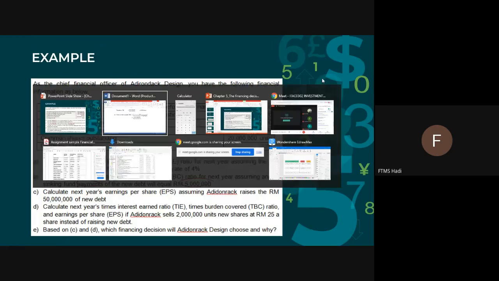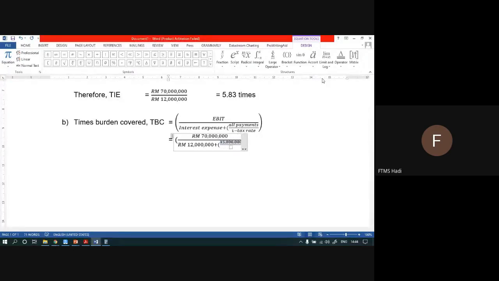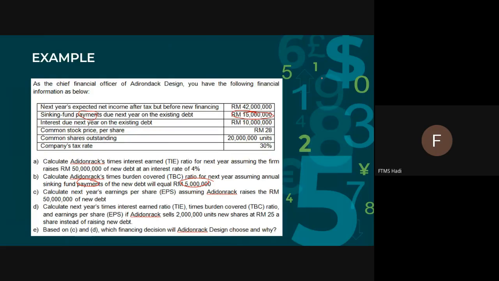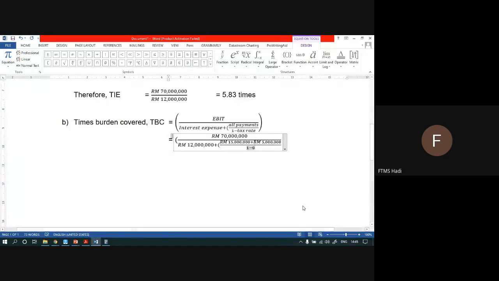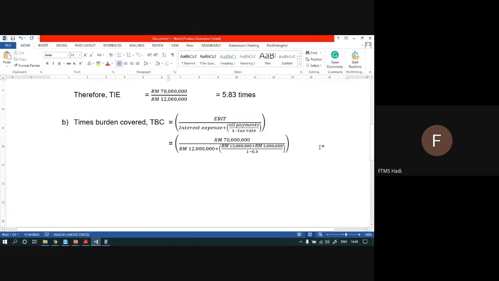So 15 million, I just put RM to make it easy, plus the new one, 5 million, divided by 1 minus tax rate. Earlier we talked about tax rate 30%, 0.3. Done.